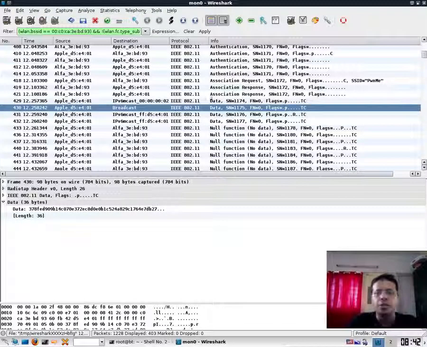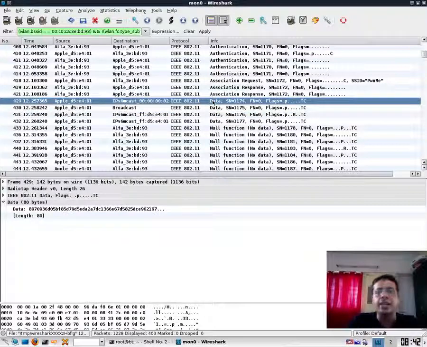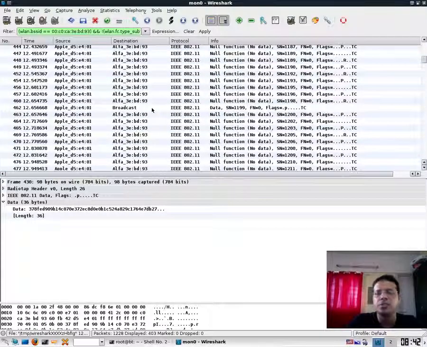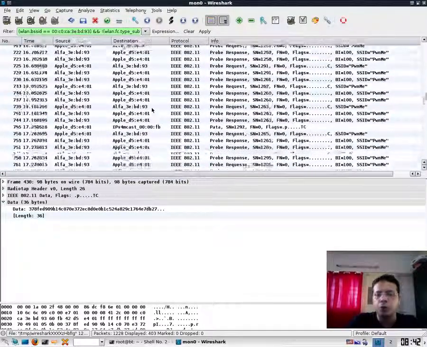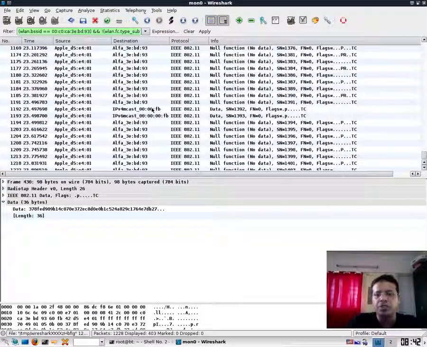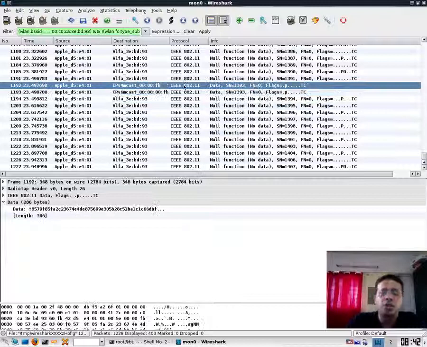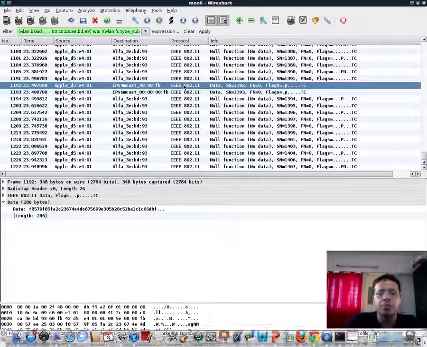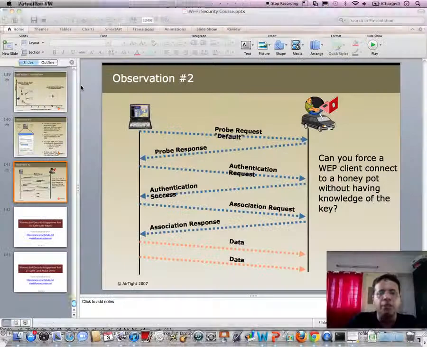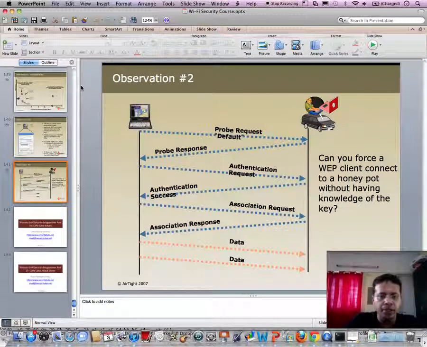Or else the only thing the attacker can see currently, simply because he doesn't know the WEP key, is this encrypted data. That's it. There is nothing else he can see right now. And if you notice, after some time the client basically stops sending data, or the data rate is so slow it may take a couple of days before the attacker may have a sufficient number of packets to crack the WEP key, right?